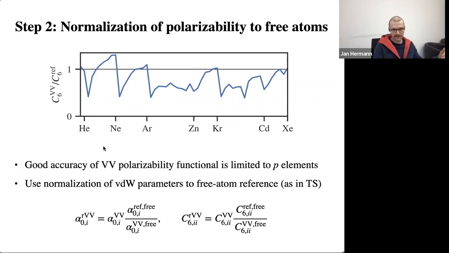So you have simply tabulated your polarizabilities and C6 coefficients for isolated free atoms. You calculate those polarizabilities with your functional and simply rescale so that you match and you are exact for isolated atoms. And this alone improves the accuracy quite a lot.